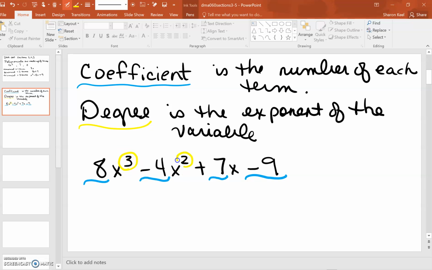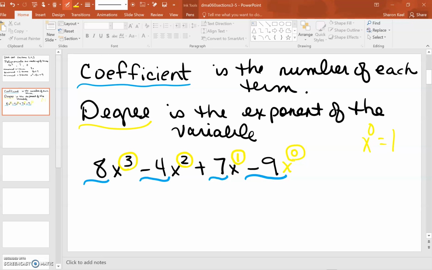The degree of this term is squared. The degree of this term is an understood 1. For the last term, we do not see this, but if you recall in our lecture the other day, anything that's x to a 0 power is always equal to the number 1. So this is technically negative 9 times 1, which is still negative 9, so we don't write the x to the 0. But the degree of that last whole number by itself would be technically a 0.